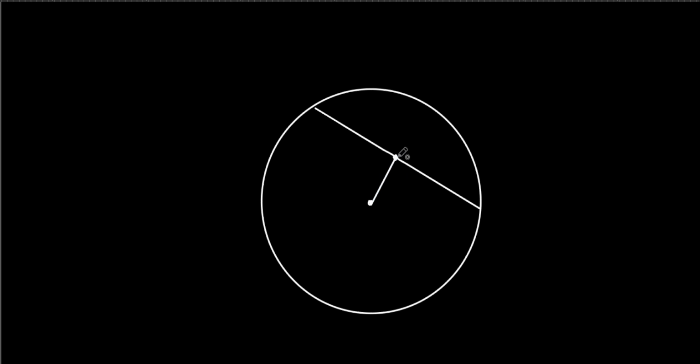The first one said, listen to me, if they're perpendicular, then the chord is bisected. Agreed? This theorem says, if the chord is bisected by the radius, then the chord and the radius are perpendicular. You see the difference? We switch the if and the then around.